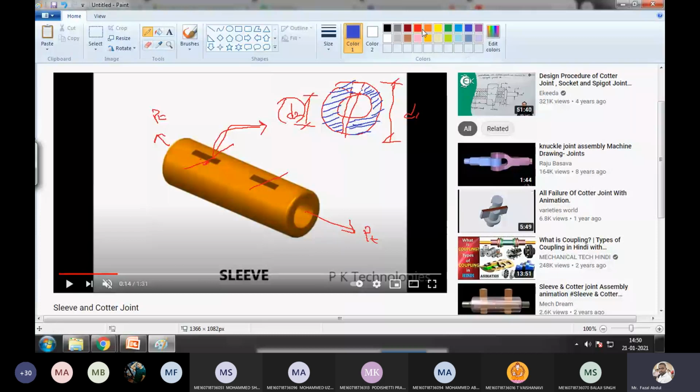What is the thickness here? The slot thickness is the thickness of the quarter. This is the thickness of the quarter. So this is the area.